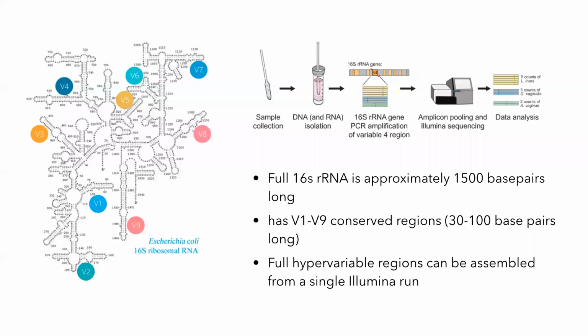For V3 to V4 region, I have the Illumina protocol, but it does not work for all types of samples, especially those with a low amount of biological fluid. As I mentioned, there are some specific types of samples, such as those from water or from swabs, where you don't have sufficient RNA or DNA to capture what's happening, right?